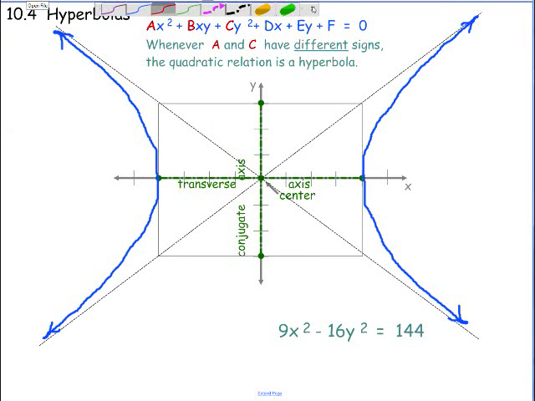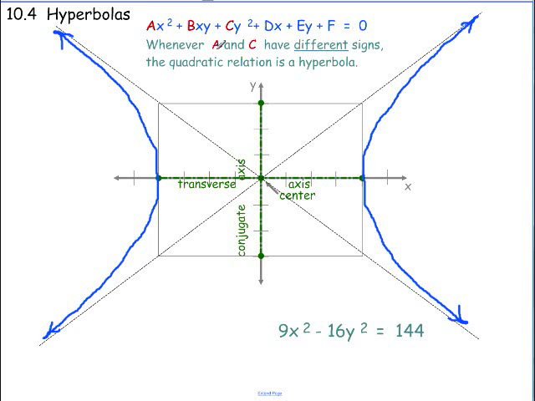Okay, we're introducing ourselves to the hyperbola. Here's that standard form. We see that A and C are associated with x squared and y squared. So the multipliers on x squared and y squared, if those are exactly the same, we know we have a circle.